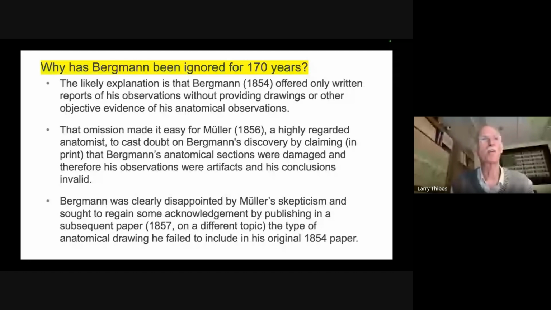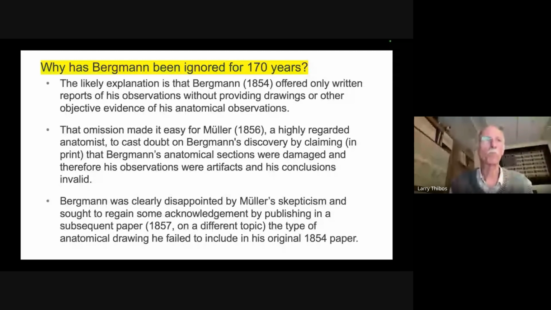And I think that the likely explanation is that Bergmann's 1854 paper offered only written reports, descriptions of his observations. He did not provide any drawings or any objective evidence of his anatomical observations. He simply described what he saw.